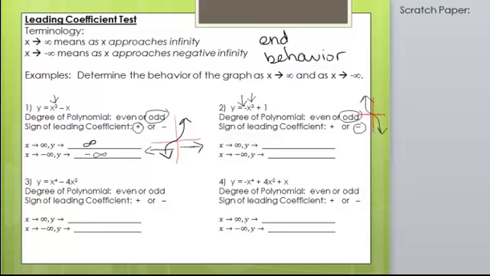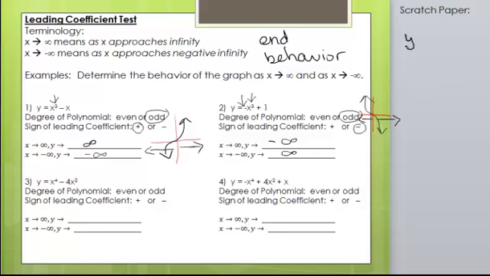So look at your x's. As x is getting bigger, what is y doing? y is actually getting smaller, so it's going to negative infinity. And as x is getting smaller, x is going to the left, what's y doing? y is getting bigger, so y is going to infinity.